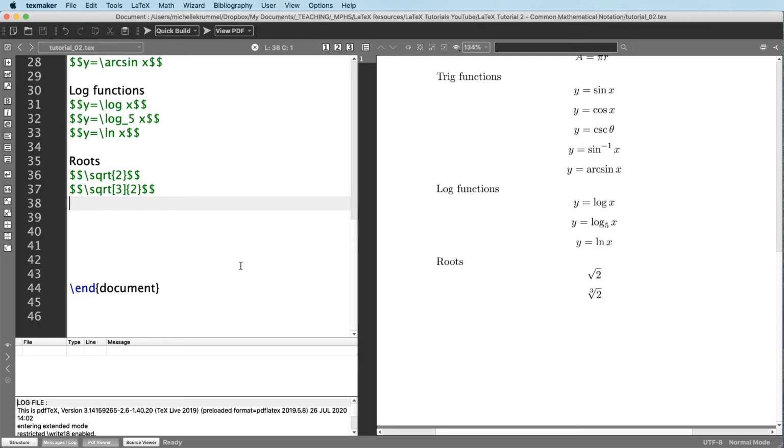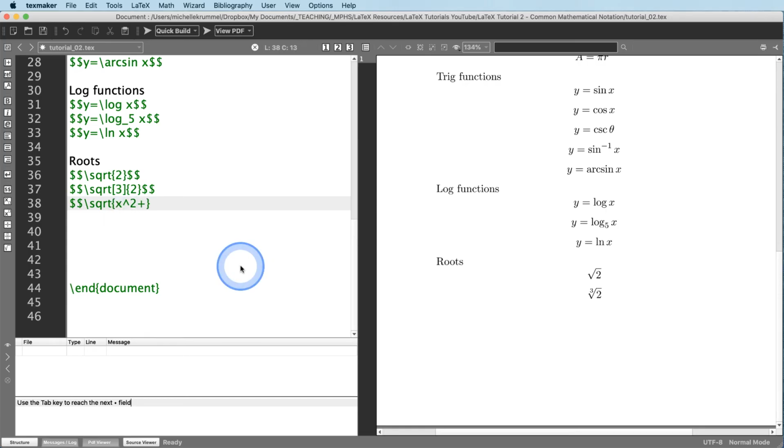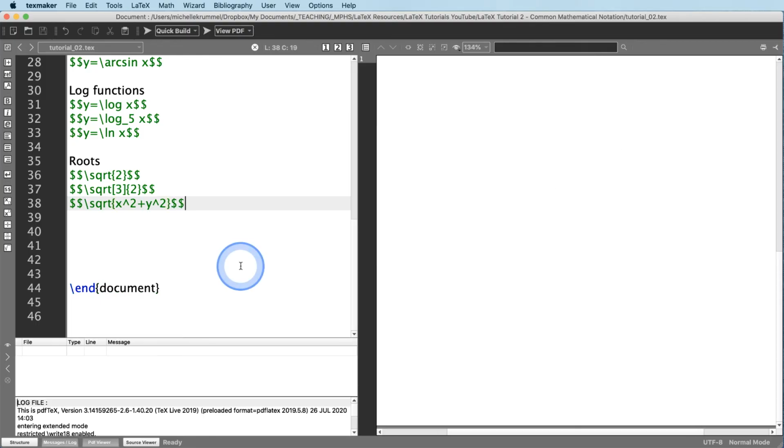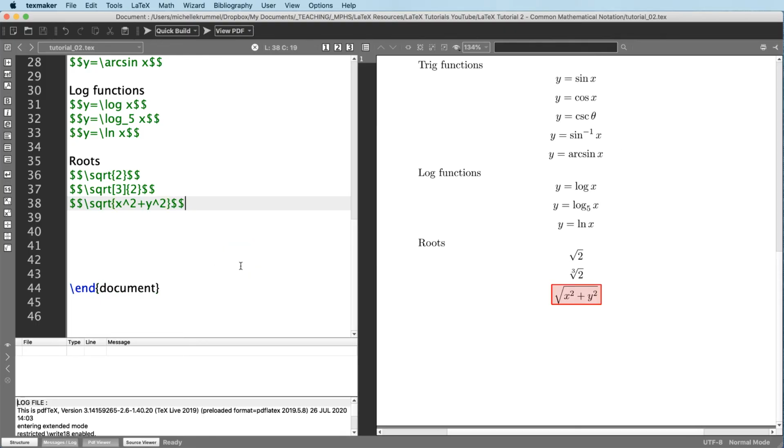Let's do something slightly more complicated, like square root of x squared plus y squared. So \sqrt x squared plus y squared. Okay, looks good.